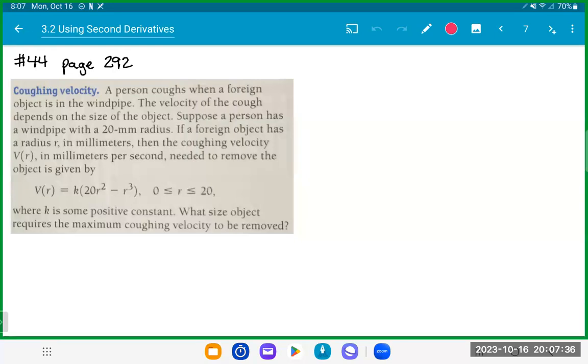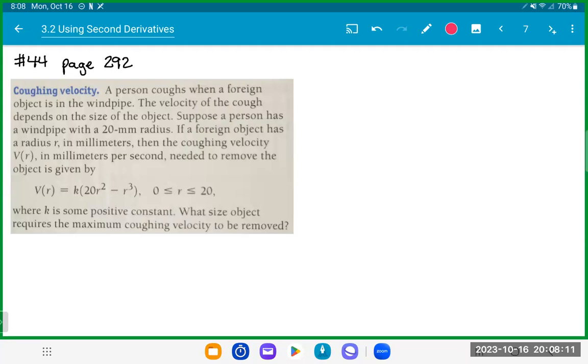So it tells us that we're on this interval of 0 to 20. So if I have a radius of 0, that means I have no windpipe. Okay. If I have a radius of 20 millimeters, then that is the biggest that we can do for this function. Okay. So what size of object requires the maximum coughing velocity to remove the object?